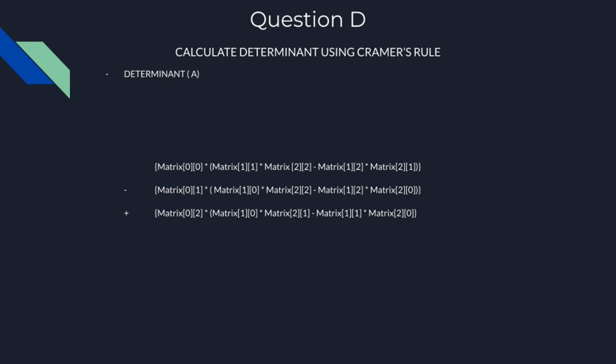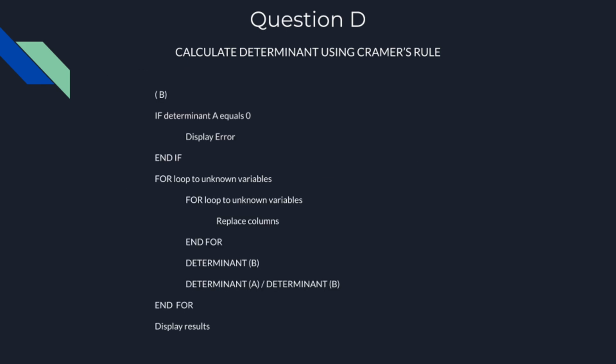So if you go to the next slide, you can see that I stated if the determinant of A, which is what was given to us, equals 0, then it will display an error, right? So with that error, it would not allow the program to move on.